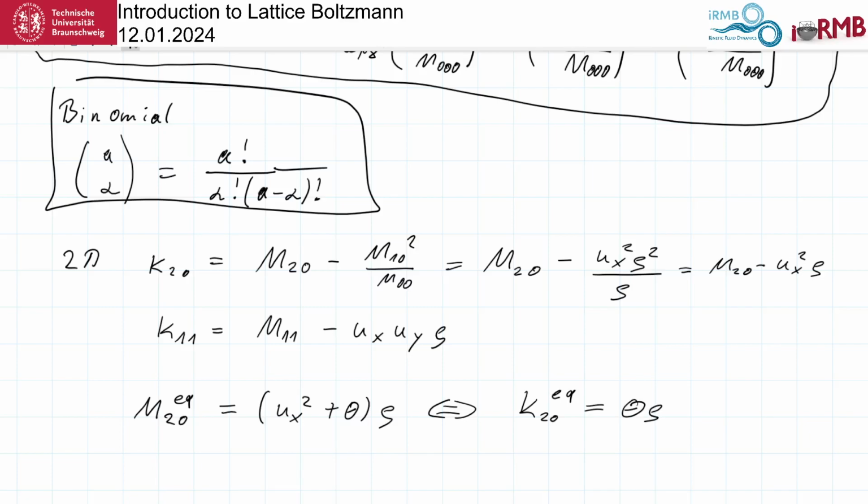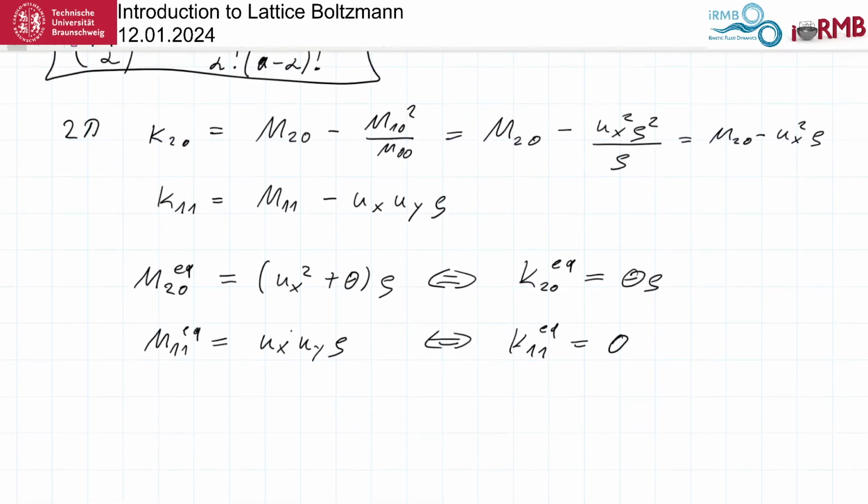And the equilibrium of the moment m11, which is ux times uy times rho, is equivalent to the equilibrium of the central moment being 0.